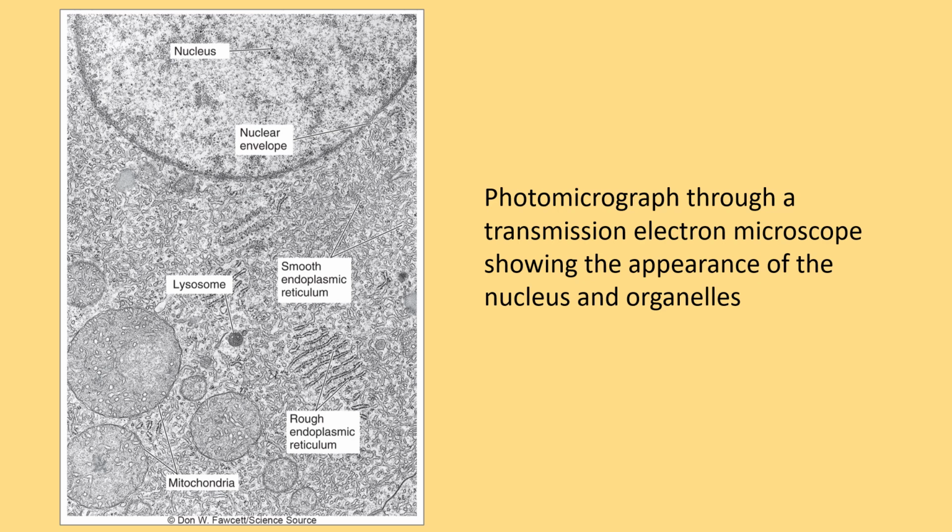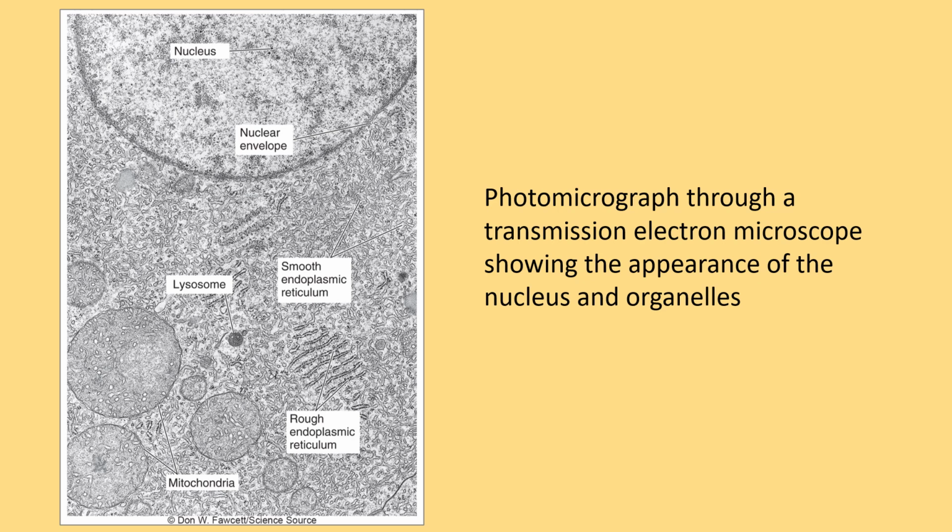So here's our first microscopy image. This is a photomicrograph that was taken using a transmission electron microscope. And what we see here is a fraction, a piece of one cell, where we're looking at part of the contents of that cell.